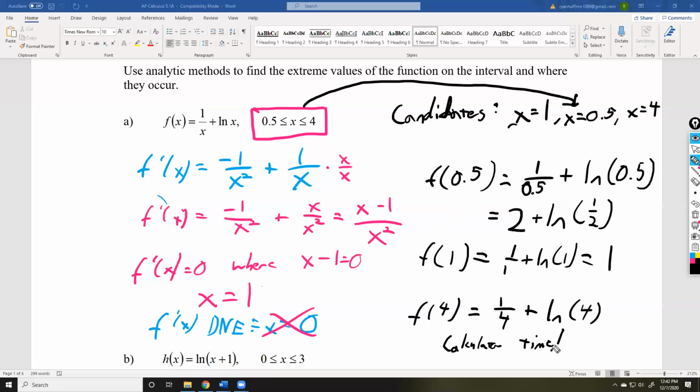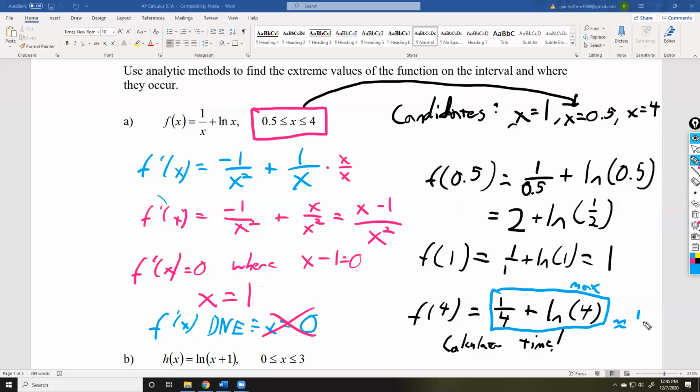Calculator time. It's time to plug these into our calculator and see which one of these is the biggest or the smallest. Yes, f of 4 should be your largest number. This should be about 1.6. This is my maximum.